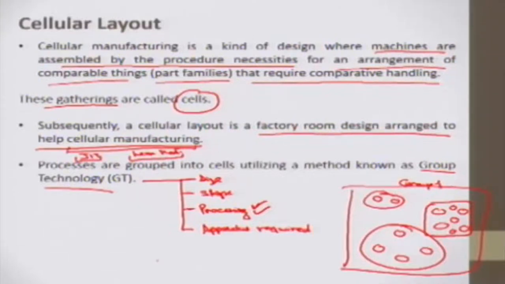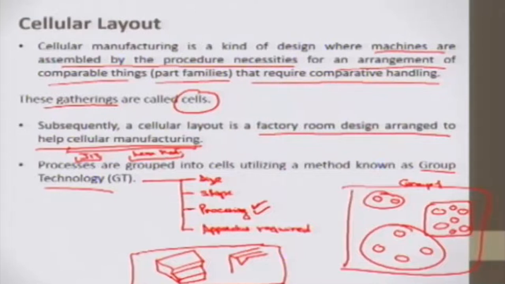Similarly, other components need rectilinear machining. This component does not need any hole to be drilled. Another component of a similar kind, let me say a V block, these can be grouped together. So this is group 2.